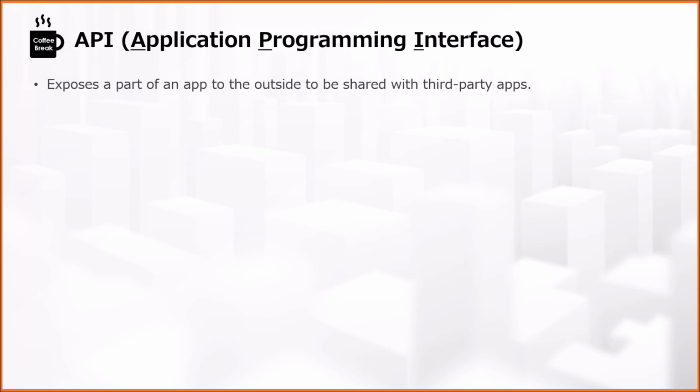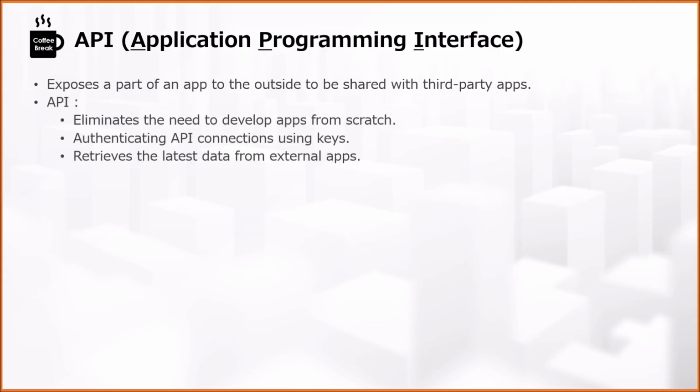Interface means a point of interaction or a boundary. For example, a user interface refers to the point of interaction between a user and a computer, such as a web browser or operation tools. Using APIs eliminates the need to develop applications from scratch, leading to development efficiency and cost reduction.